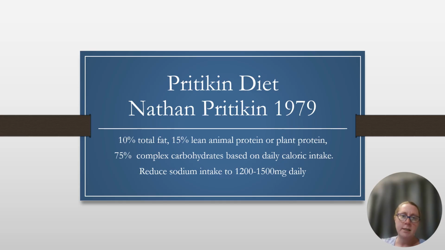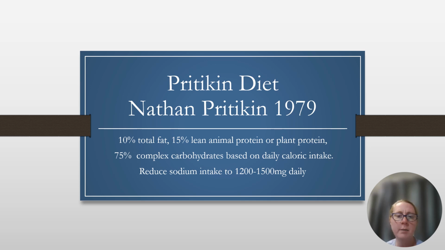So the Pritikin diet. Nathan Pritikin was an engineer, and he was diagnosed with cardiovascular disease back in the 60s, I believe it was, or early 70s. And he wrote a book in 1979 on his recommendation for a proper diet. 10% total fat.